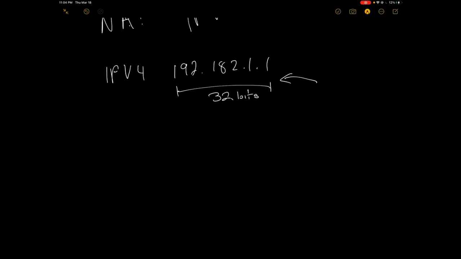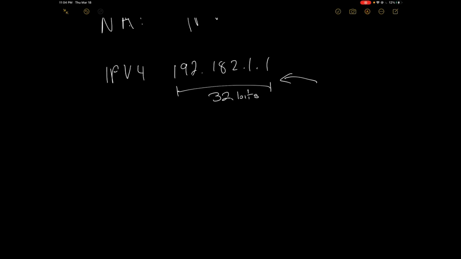So we had IP version 4, and these addresses looked like this, 192.182.1.1. And this was actually a representation of 32 bits. And these 32 bits uniquely identified some machine on the network. What happened was that we ran out of IP addresses.